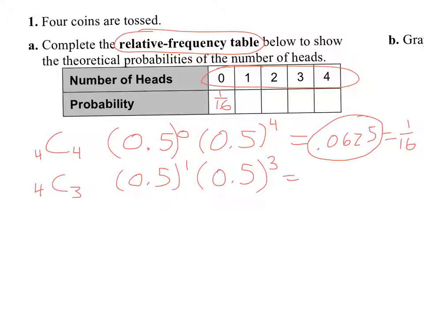That's the same as if I have 4 people, how many different ways can I choose 1 person to leave out? Well, there's 4 different people you could leave out, so 4 ways. So this is going to be 4 times 0.5 one time, and then times 3 more 0.5s. That is 0.25, which is 1 over 4.